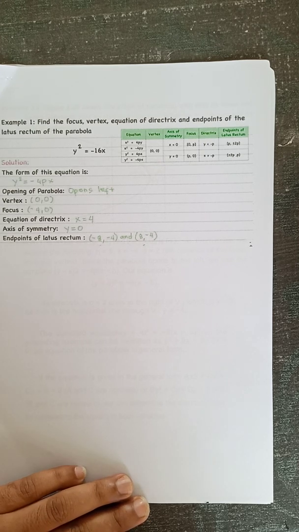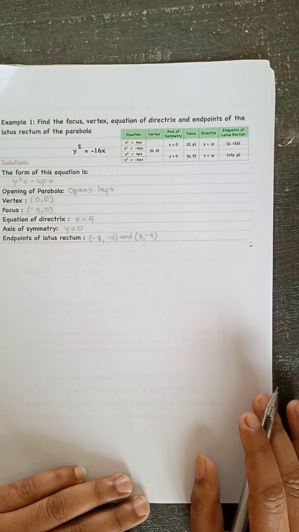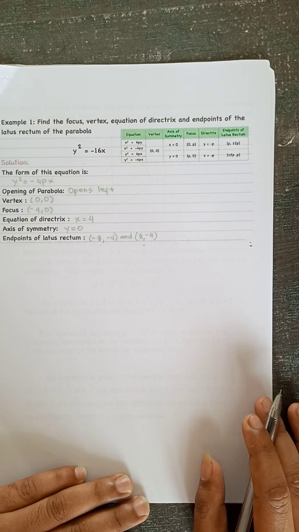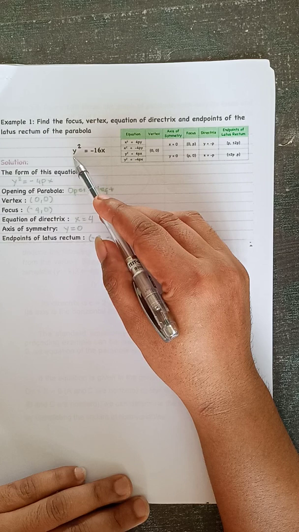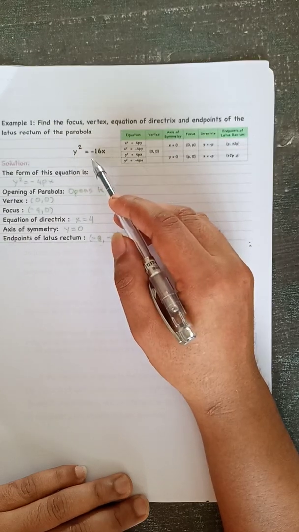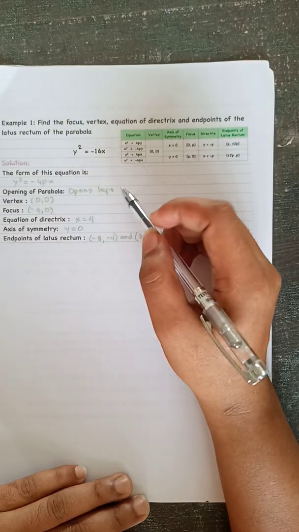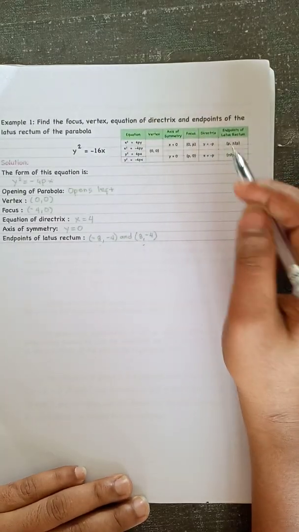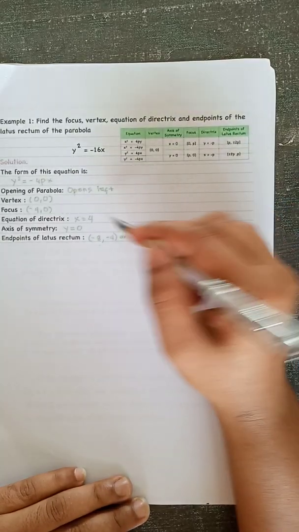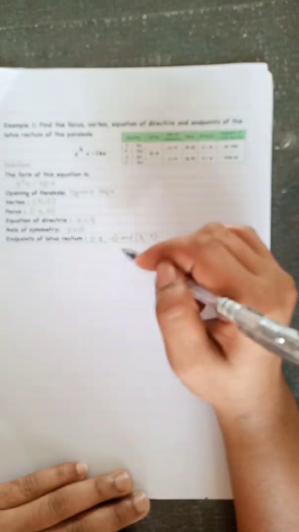So, in our solution, this is in the form of y squared equals negative 4px. Since it is y squared and our p is less than 0, it is opening going to the left. Going to the left. Okay?